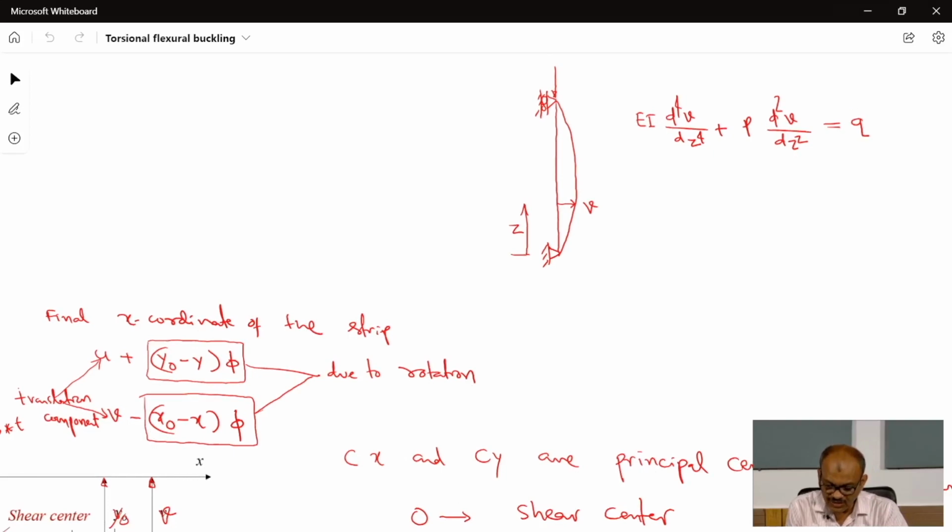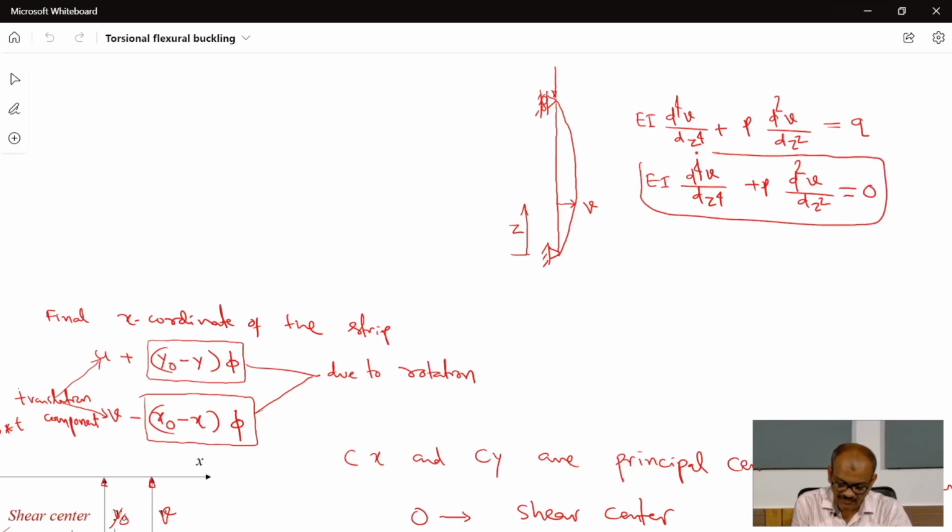And if q is equal to 0, then we write EI d to the power 4 v by dz to the power 4 plus P into d square v by dz square is equal to 0. So, in this case, the column is subjected to only the axial load. We can also write this equation as EI d to the power 4 v by dz to the power 4 is equal to minus P into d square v by dz square.